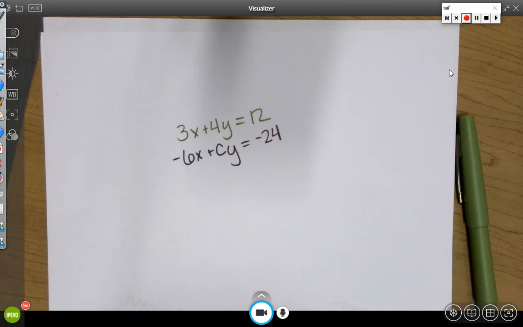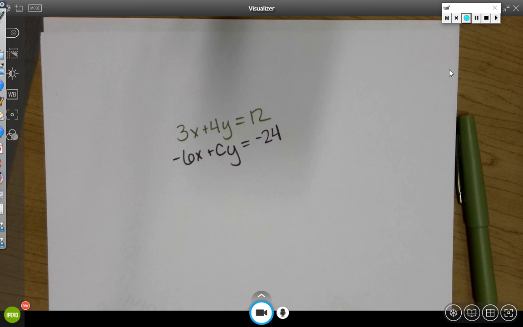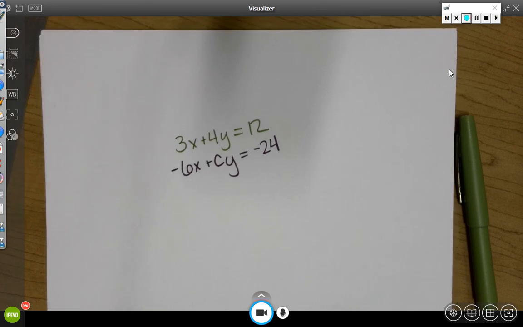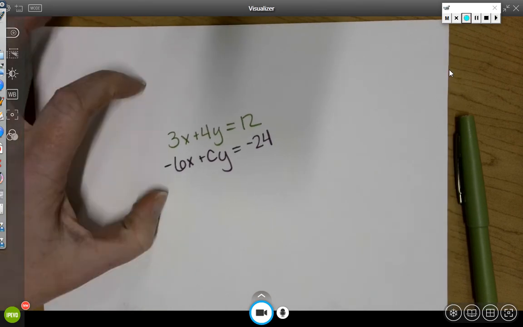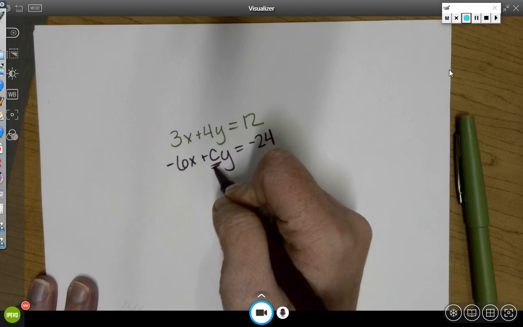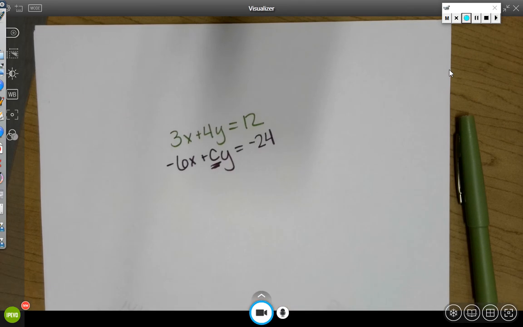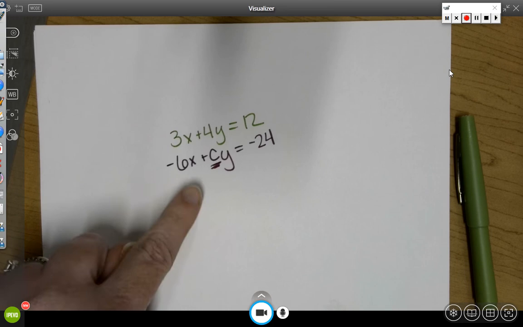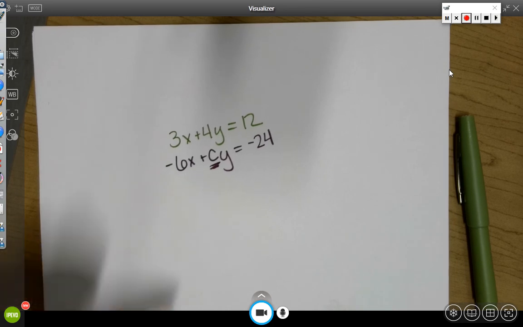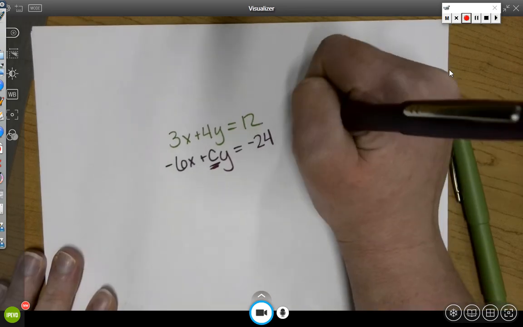Okay, so I have this system. Instead of a number, I have C. So this equation is asking, what can I put in for C that would make this system have infinitely many solutions?